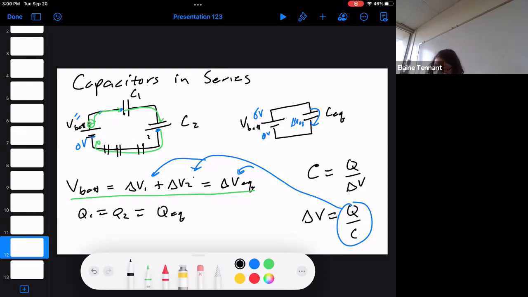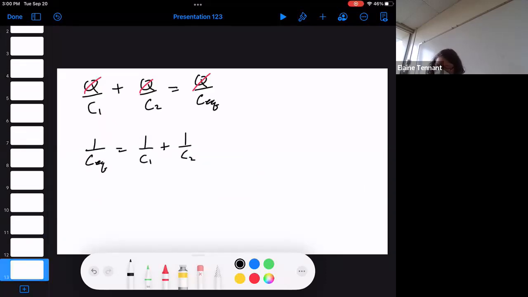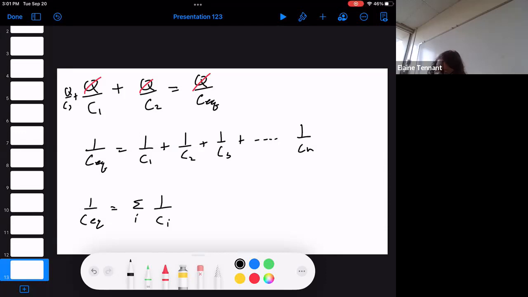I would have had to add voltages like that, which would have given me extra terms, Q over C3, etc. So I can add as many capacitors in series up to C sub n, where 1 over C equivalent will equal the sum of 1 over Ci.